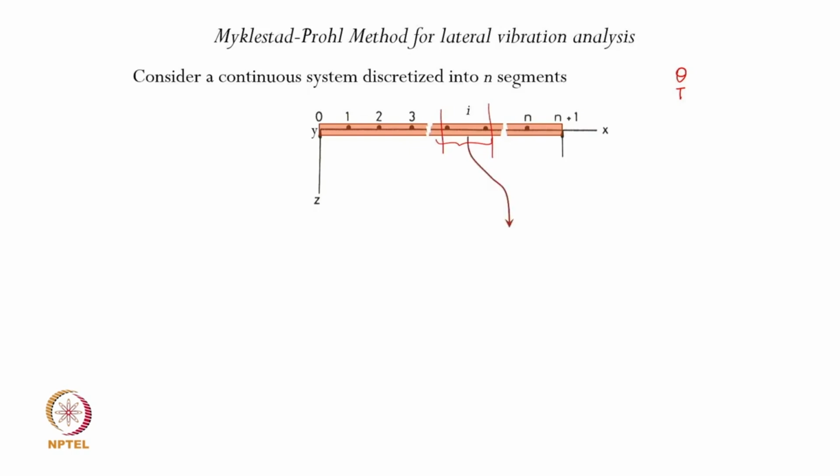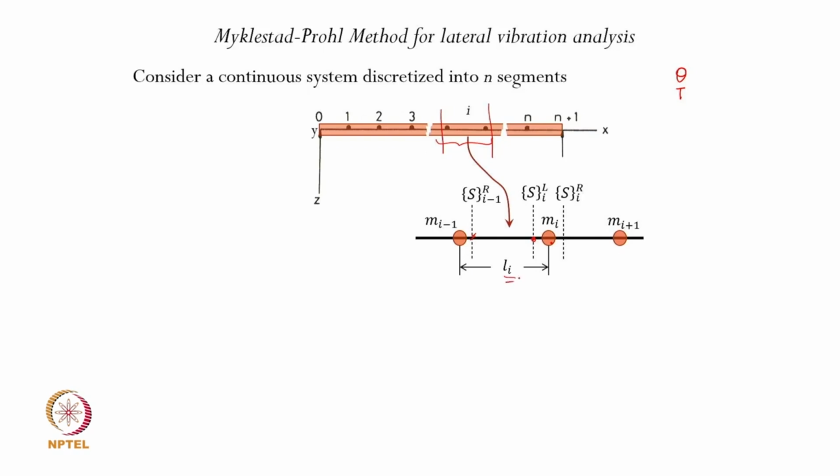So, we take this ith segment, and as I said, we will relate the state vector on the right side of the ith mass to the left side of this ith mass, and then the state vector on the left side of this ith mass will be related to the state vector on the right side of the previous mass, and that basically constitutes one particular segment, in this case shown as the ith segment. That ith segment can have the length denoted as Li.